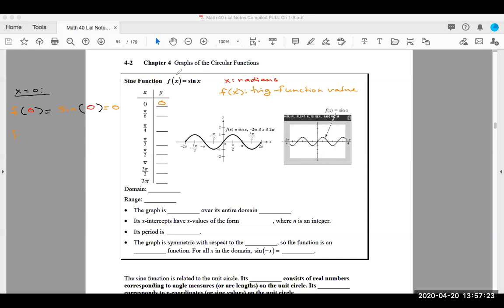Okay, next bit. Let's try when x is equal to pi over 6. Okay. Then we're evaluating sine at pi over 6 radians.